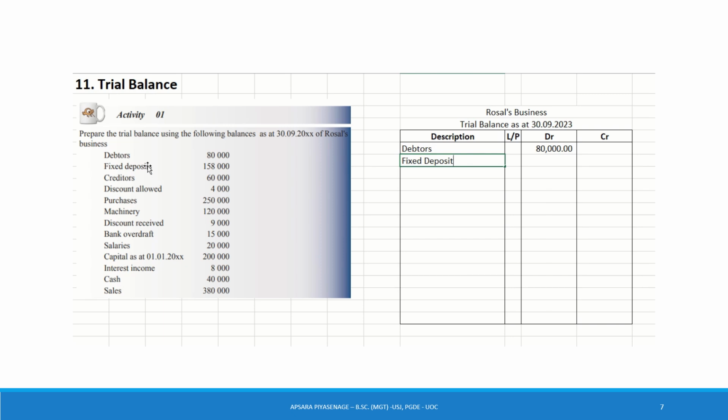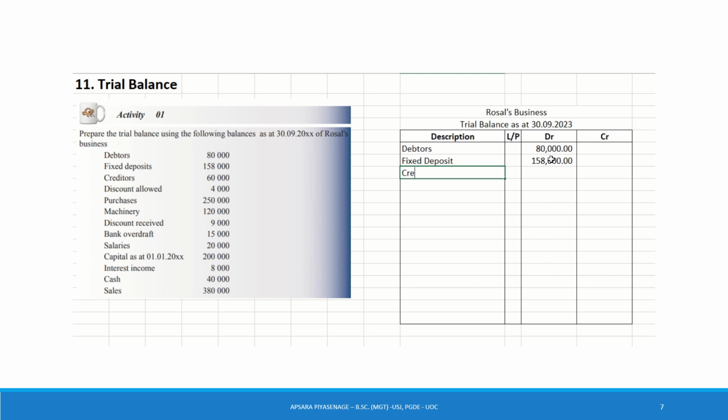Here fixed deposit in the sense we deposit a certain amount of money, considerably higher amount in a bank for a certain period, for 6 months or 1 year, 2 years, it may differ. So it gives a higher interest rate for fixed deposits when we compare it with the normal savings account. So this is an asset to the business, therefore we debit this. So this should have a debit balance.